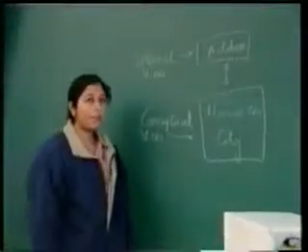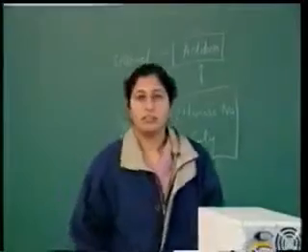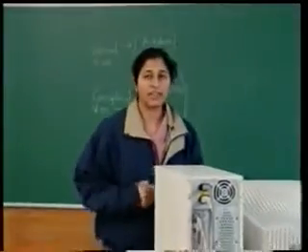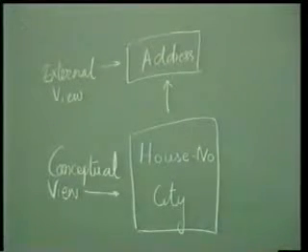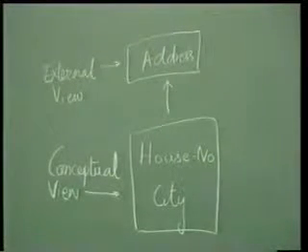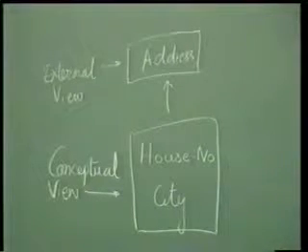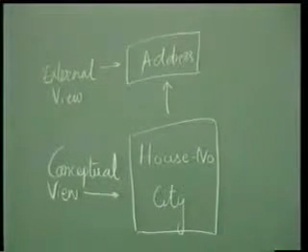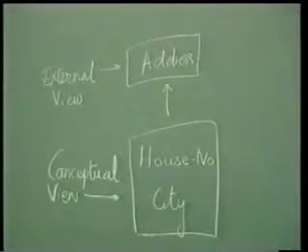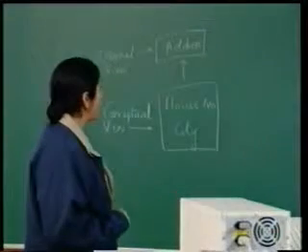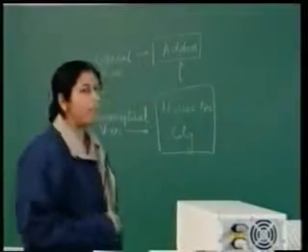Then the mapping between the conceptual view and the external view should determine that the house number and city should be transformed into address when they are looked at by the user, and when the database is looked at conceptually, then the same thing, that is the address, should be transformed back into the house number and the city.